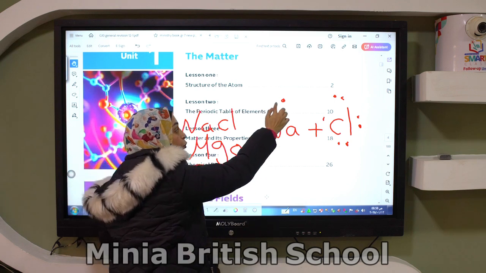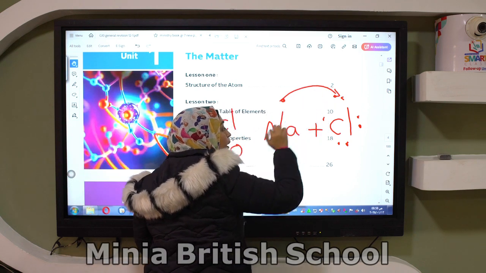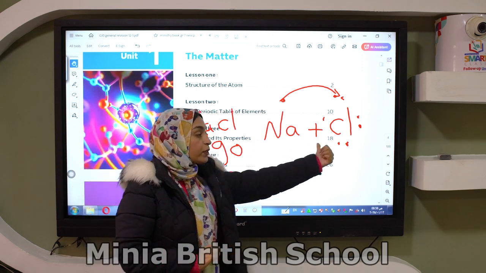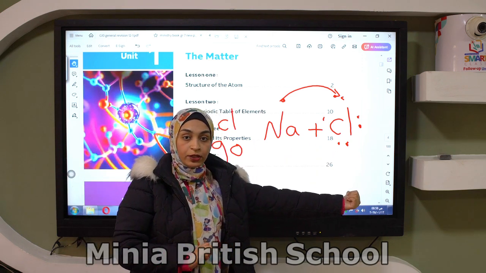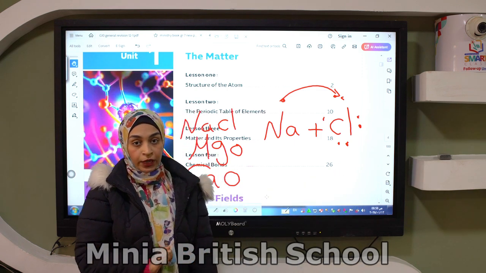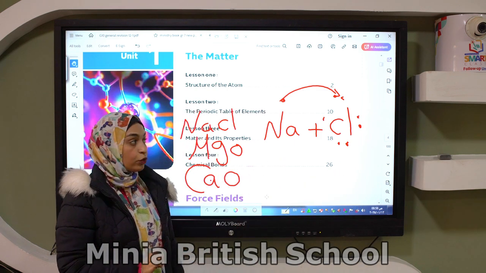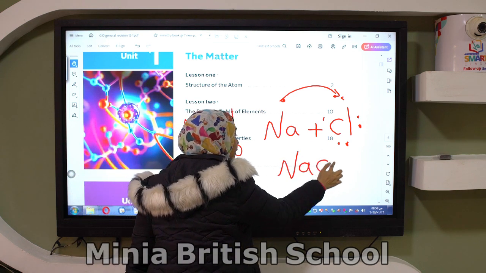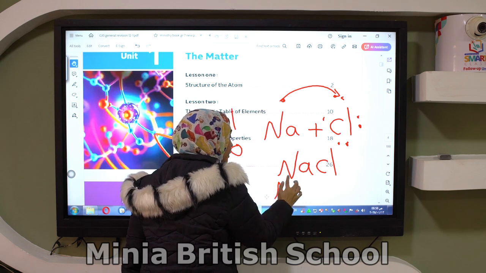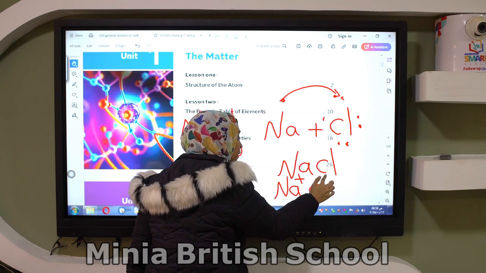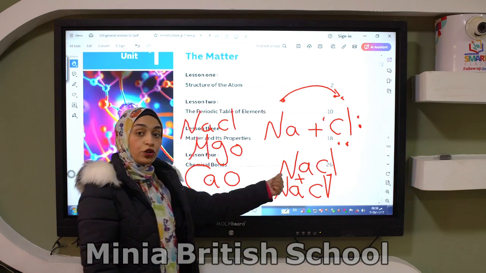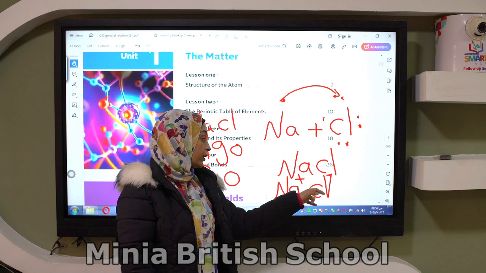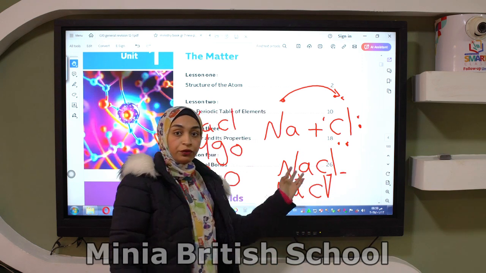So the electron here will go to the chlorine, so it will be completed and have 10 electrons, and also the chlorine will be completed in its last energy level, and it will have 8 electrons, so it will be NaCl, or we can say Na positive and Cl negative, and the number of charges equals the number of electrons. The positive charge equals the number of lost electrons, the negative charge equals the number of the gained electrons.